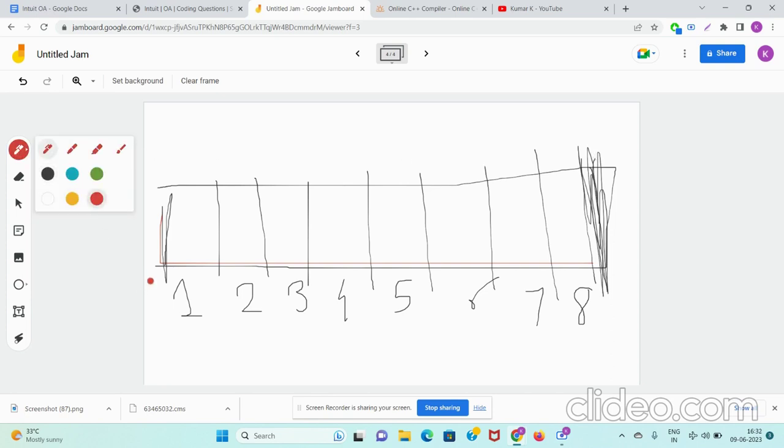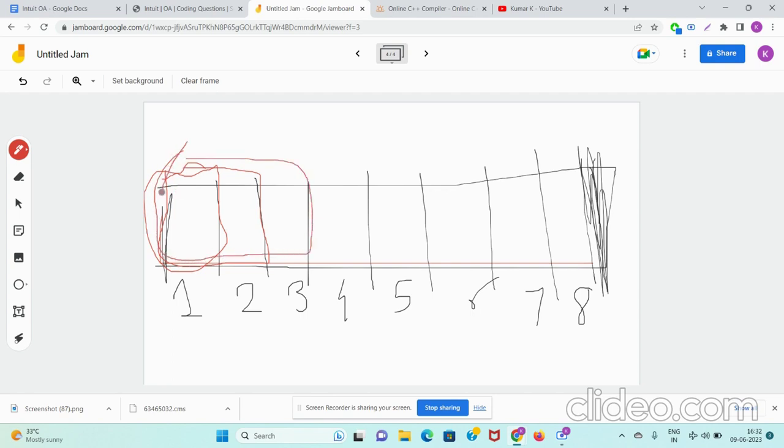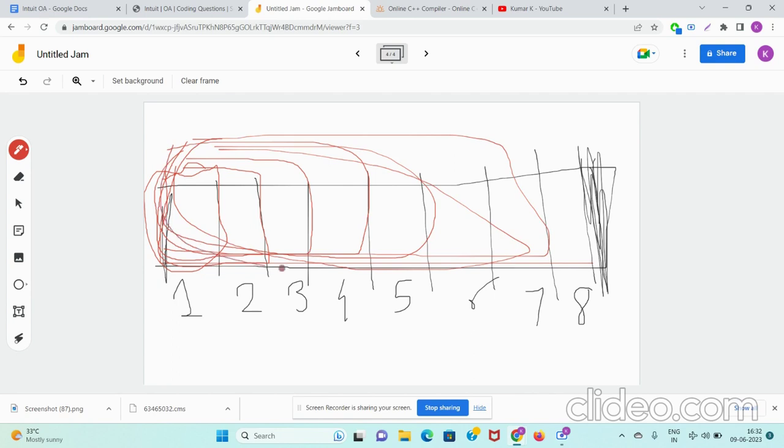First, you can calculate the number of zeros and ones for all the subarrays starting at index 1. So you can calculate the answer for this subarray. You can know the number of zeros and ones here. Then you can calculate the answer for this subarray 1 to 2. Then for 1 to 3. Then for 1 to 4. Then for 1 to 5. Then 1 to 6. Then 1 to 7. Then 1 to 8.